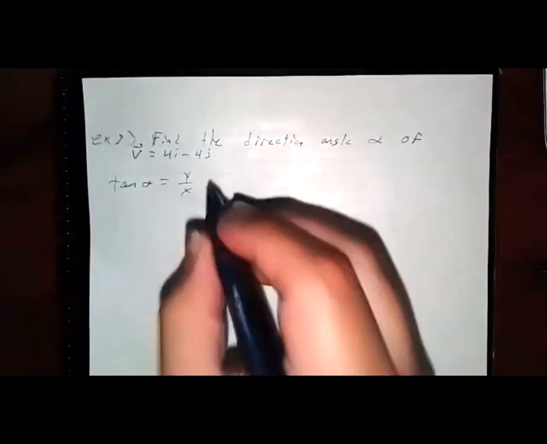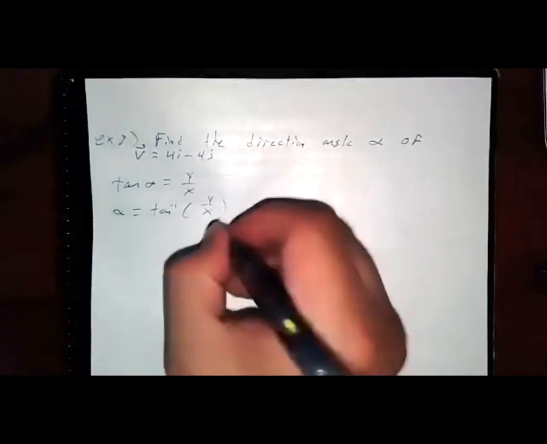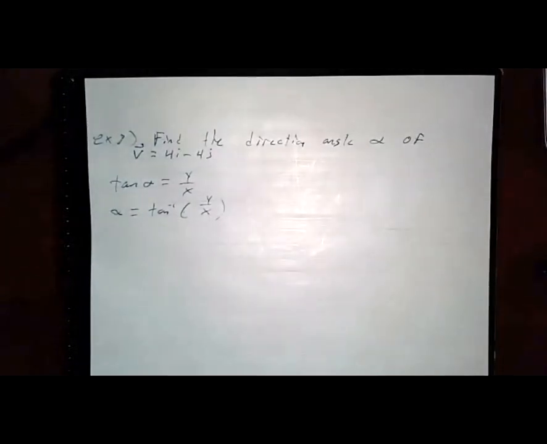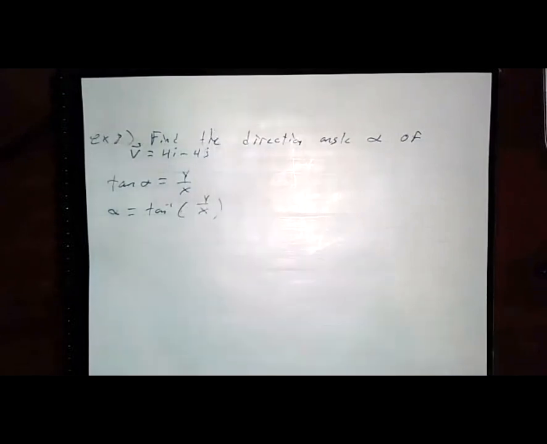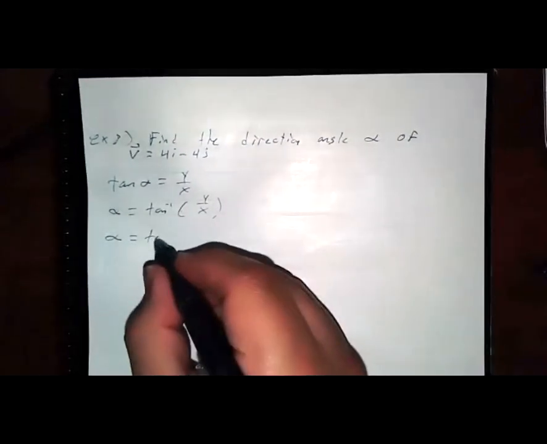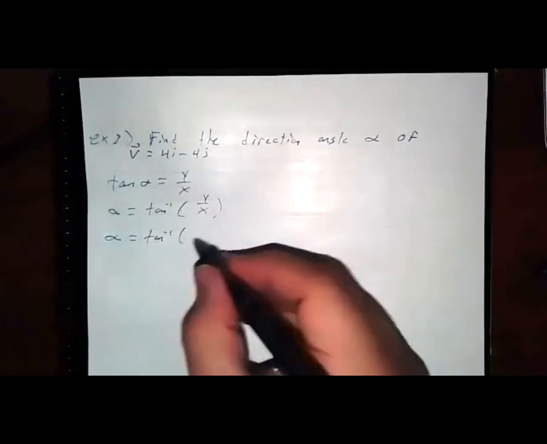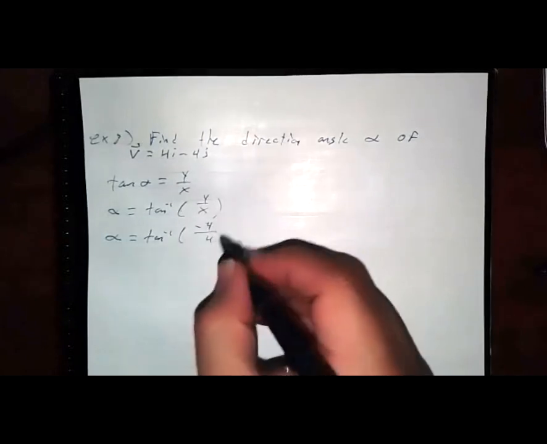And using the inverse function, alpha is equal to tan inverse of y over x. So using this idea from 10.1, you can treat this as your y and x values. So the alpha would be tangent inverse of negative 4 over 4.